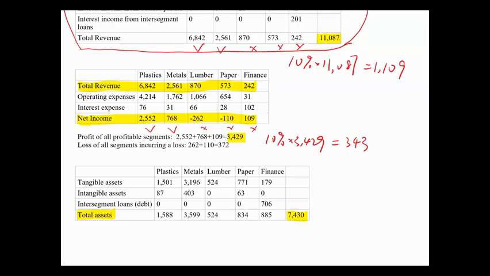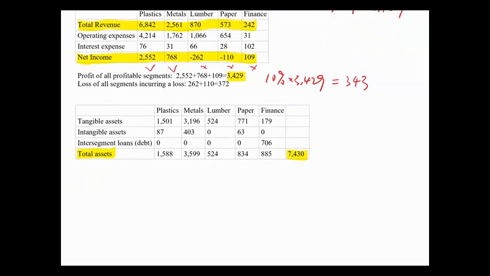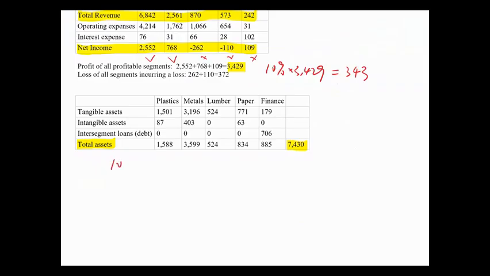The total is 7,430, and 10% of that amount is 743. This is the threshold, and any segment that has a total asset larger than this amount is reportable.